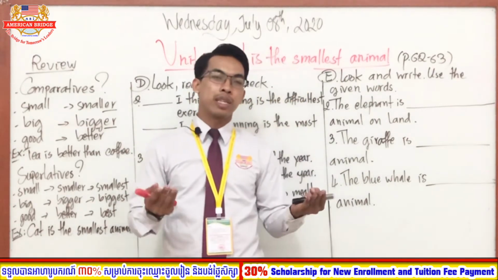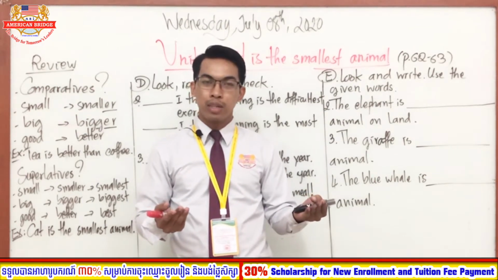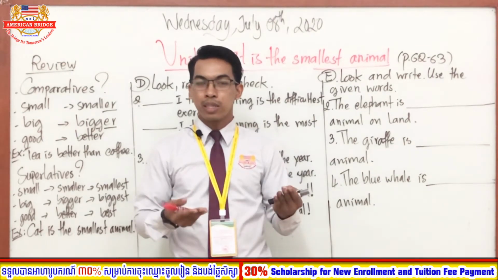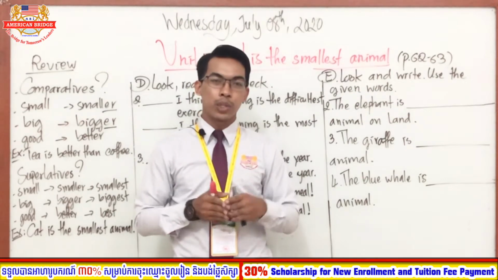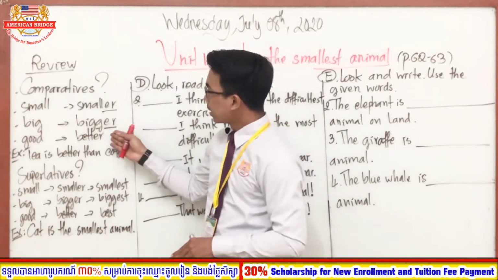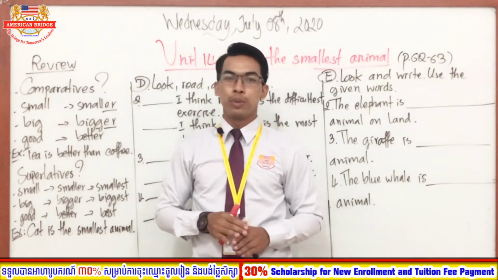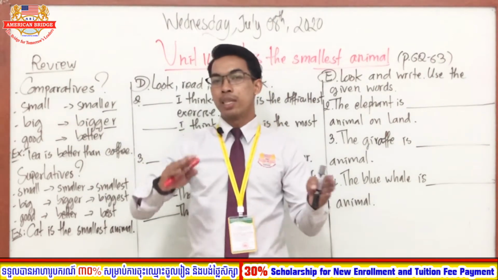Good. So comparatives are used to compare the differences between two objects, or two items. You see, this one is how to change the adjective to the comparative adjective. It is divided into two parts.